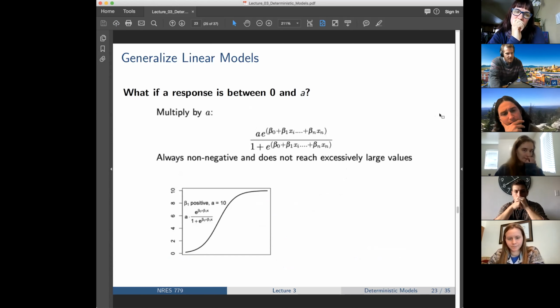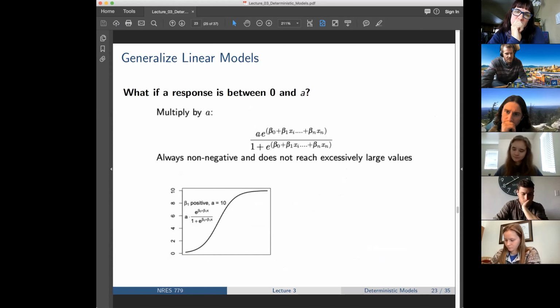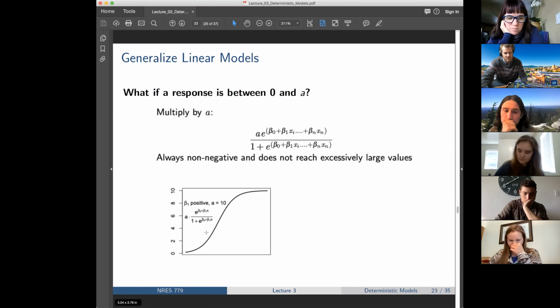All right, so let's move on from data that falls between 0 and 1. What if our response data is between 0 and a? Well, we've seen this function here already: e to this linear equation, beta 0 plus beta 1x, divided by 1 plus e to that. All we have to do is multiply by a here, and that gives us this sinusoidal function that goes between 0 and whatever a is.